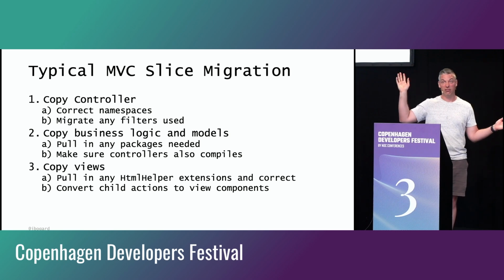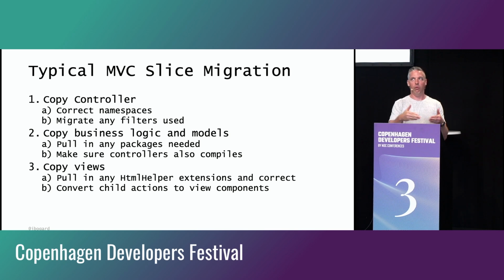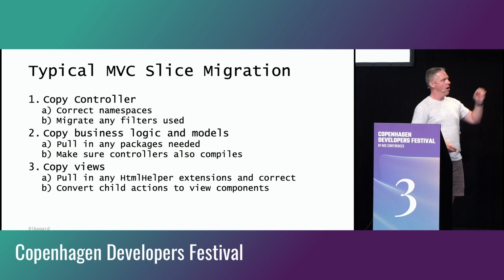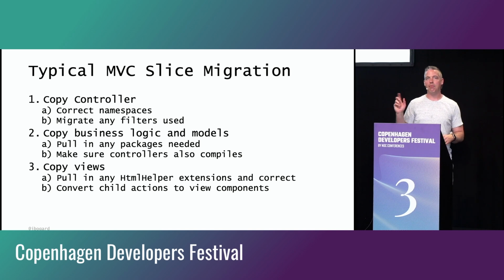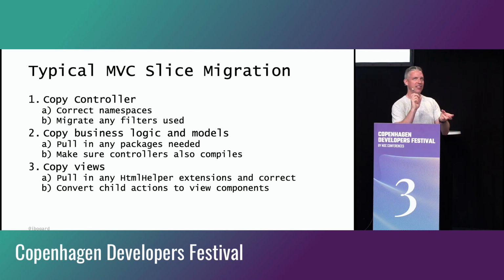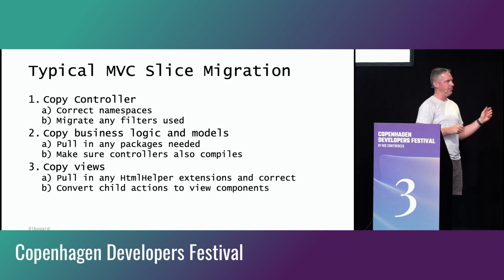Yeah, probably have a lot of them. Because you want to have one way to render a button, and that one way is in an HTML helper extension. For the most part, those are just type name changes and namespace changes. So I think before it was an MvcHtmlString, and now it's an IHtmlContent or something like that. So it's just these subtle type changes from ASP.NET 4.5 to ASP.NET Core.